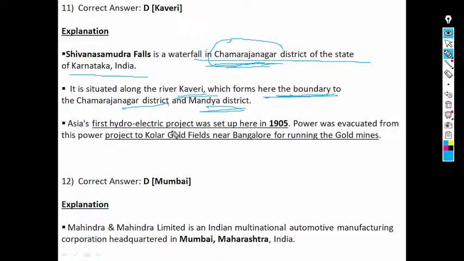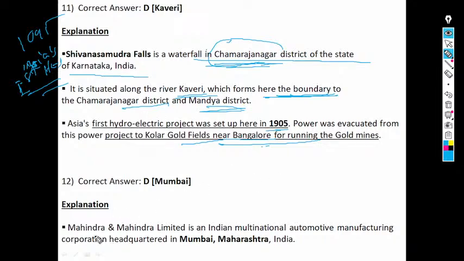Why is it in the news? Because in 1905 the first hydroelectric power project was set up here. Power was evacuated from this project to Kolar goldfields near Bangalore for running the gold mines. So we came to know that Sivasamudram Falls is on river Kaveri.